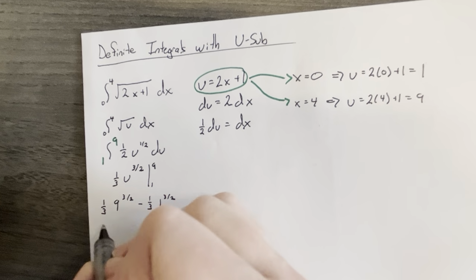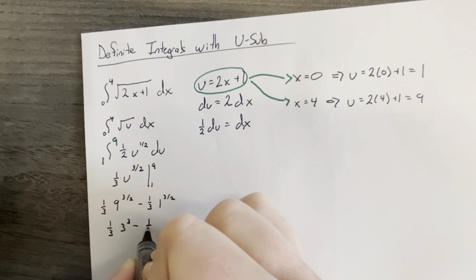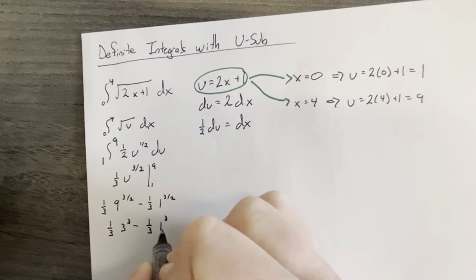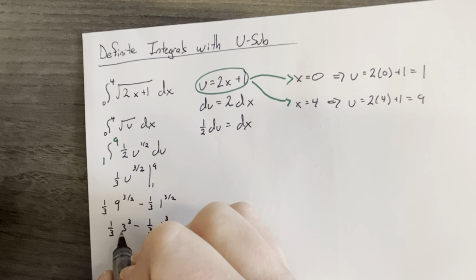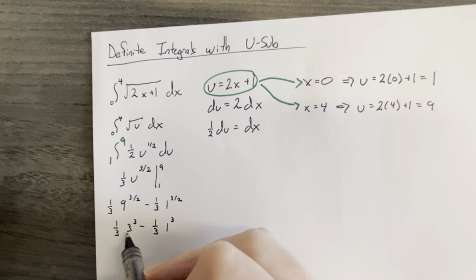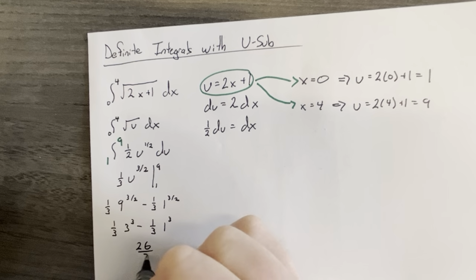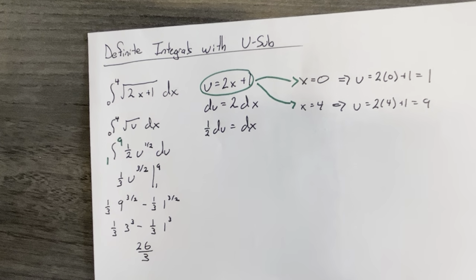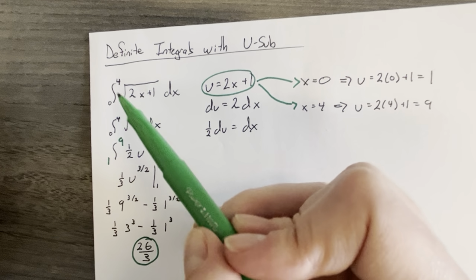That's like the square root of 9. And here, it's like we have the square root of 1, which is 1. Going through and doing all this, this is 27 thirds minus 1/3, which is 26 thirds.